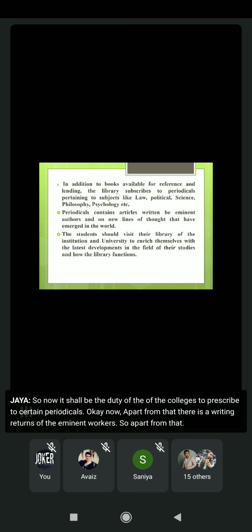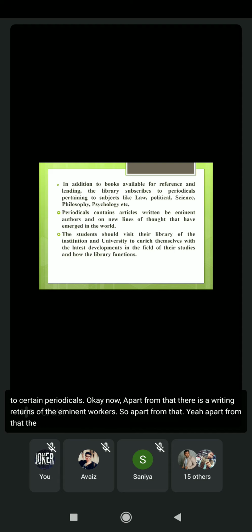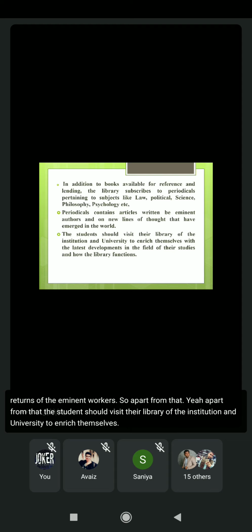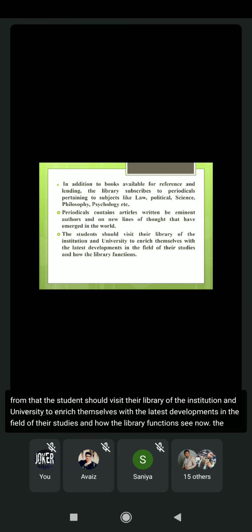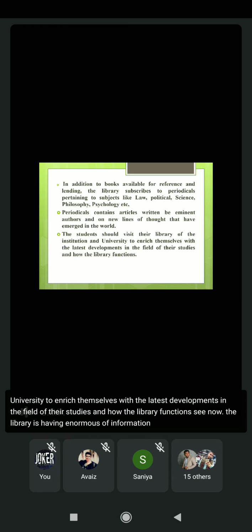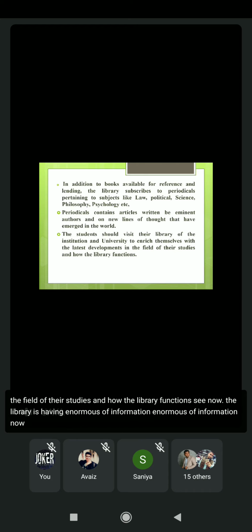Apart from that, the students should visit the library of the institution and university to enrich themselves with the latest developments in the field of their studies and how the library functions. Enormous information. Now it is the duty of the students to have a frequent visit.